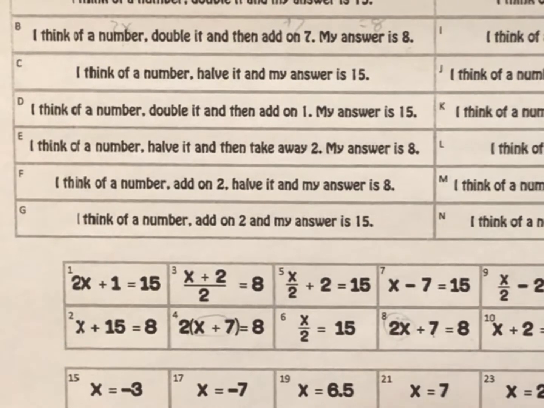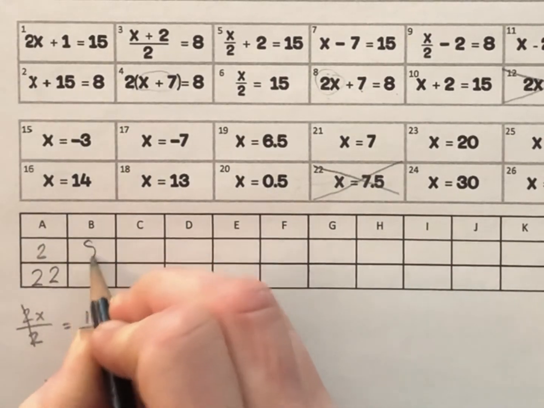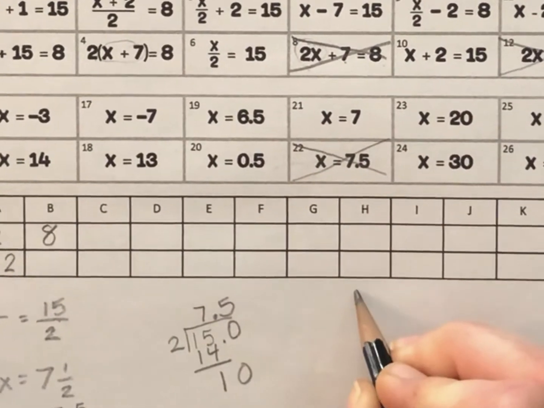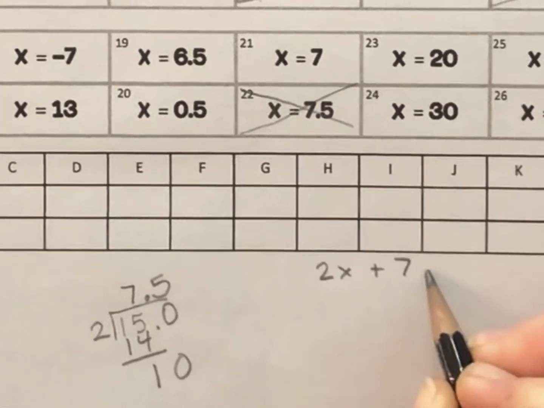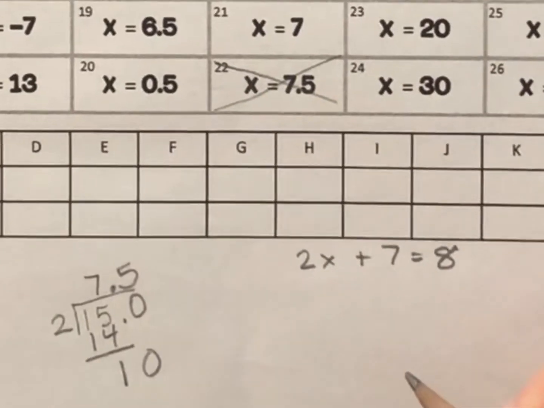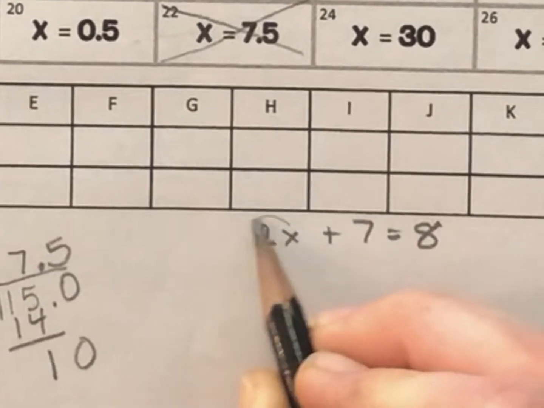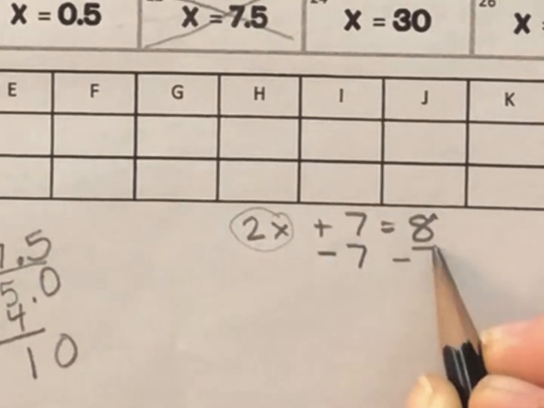It's 8. So I'm going to come down here, and I'm going to write this equation down. 2x plus 7 equals 8. All right, so I want to get 2x by itself, so I'm going to subtract 7 from both sides.